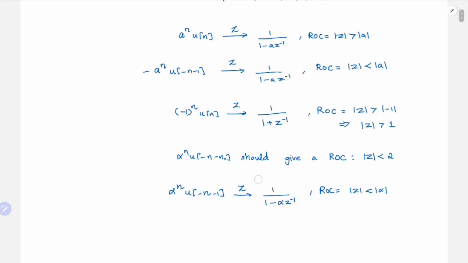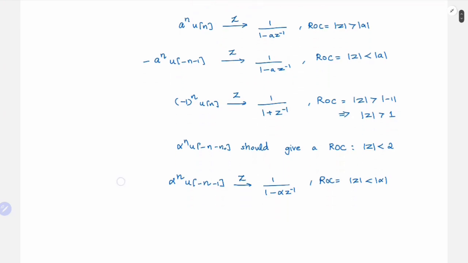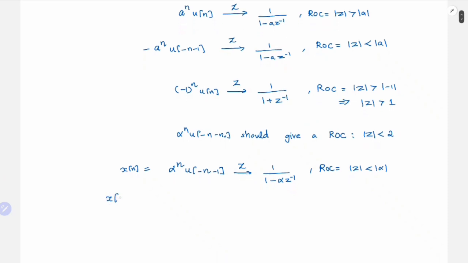And if you want to bring this to this form, let's call it x of n. We need minus n naught, so we'll consider n plus n naught minus 1. This will give alpha power n plus n naught minus 1 u of minus of n plus n naught minus 1.